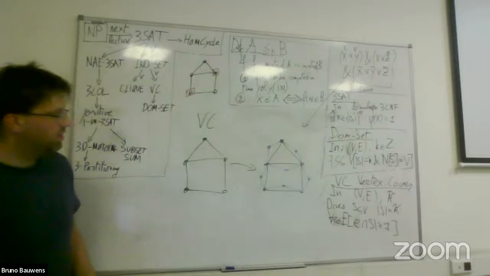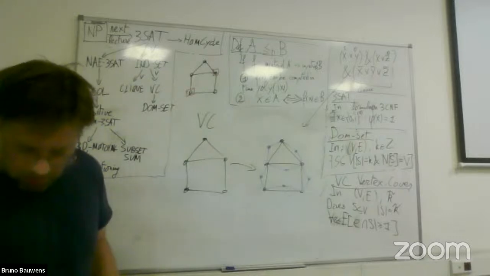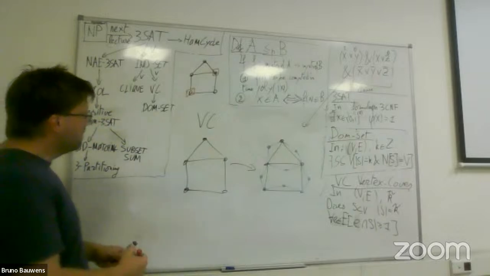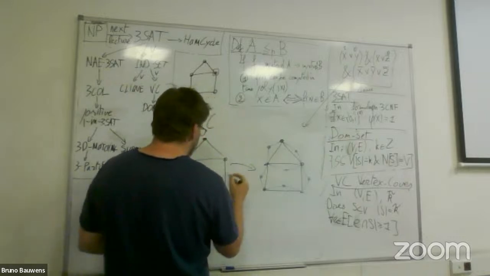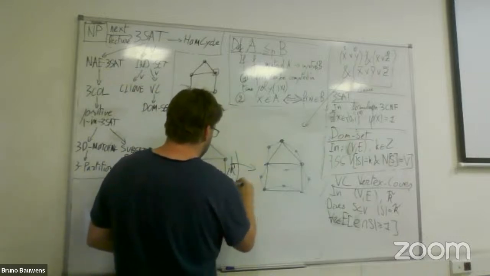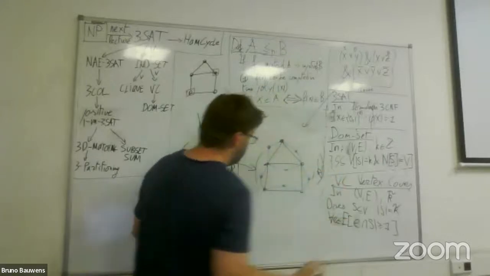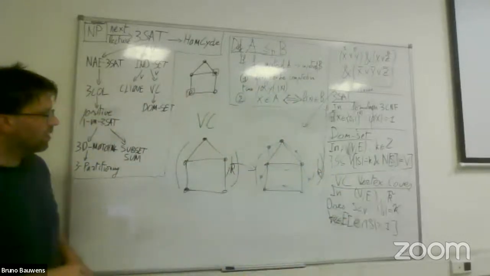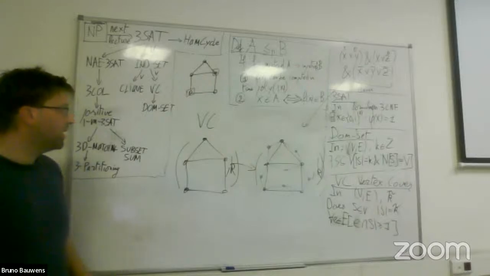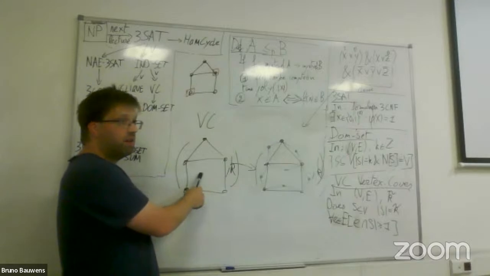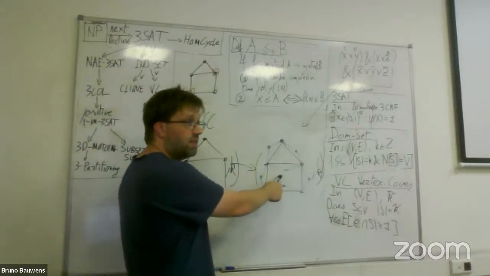So we will have a vertex cover, we will have a number K, I forgot to draw. And this will go to, I think, the same number K. Okay. So now I claim that if this has a vertex cover, then the same set is a dominating set.